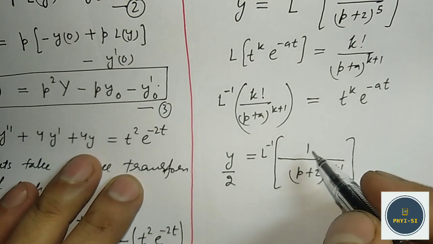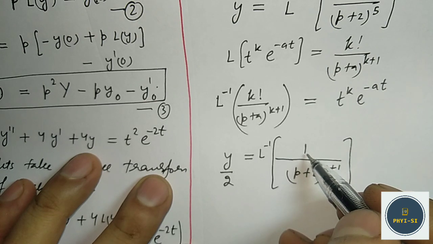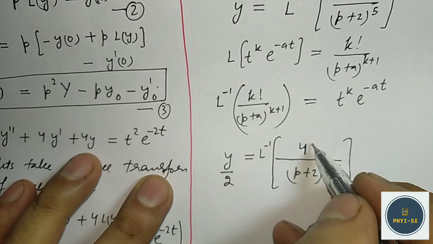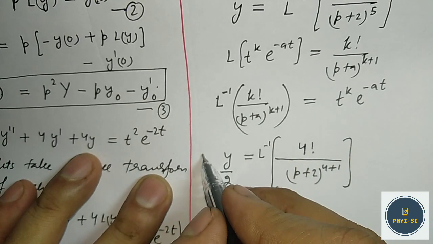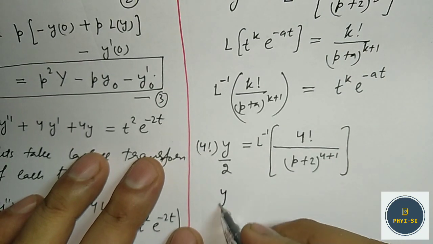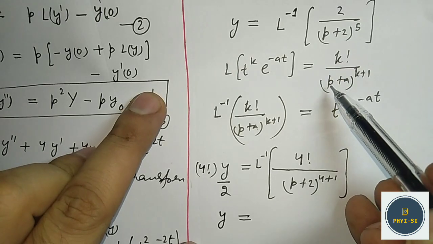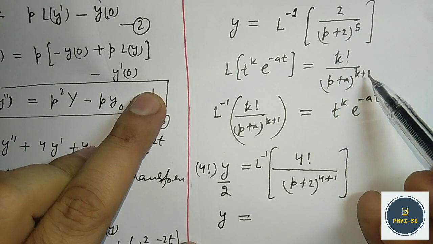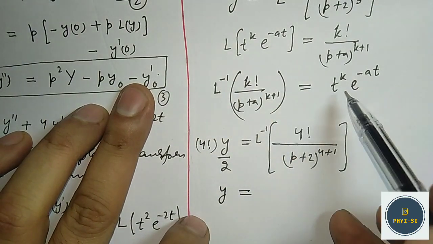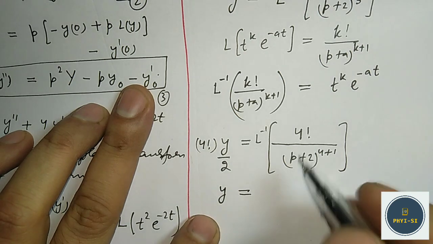So here I have 1, so I can write 4 factorial here and 4 factorial here also, so I will get y is equal to, now I have the formula, this is 4 factorial over p plus a to the 4 plus 1. So the inverse Laplace transform of this will be equal to, I will take 2 and 4 factorial this side.